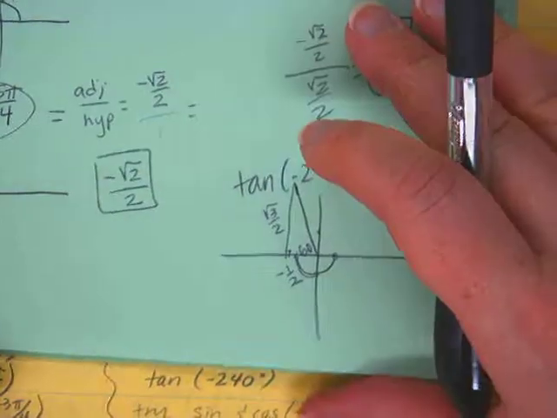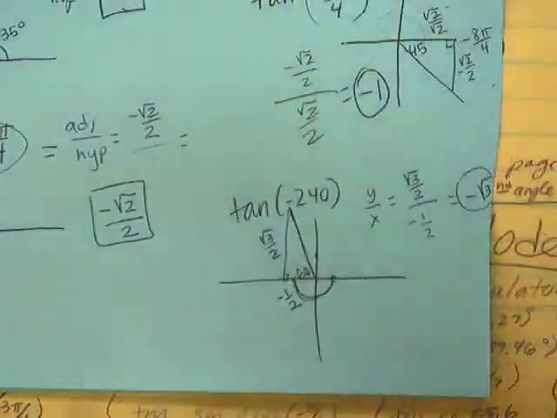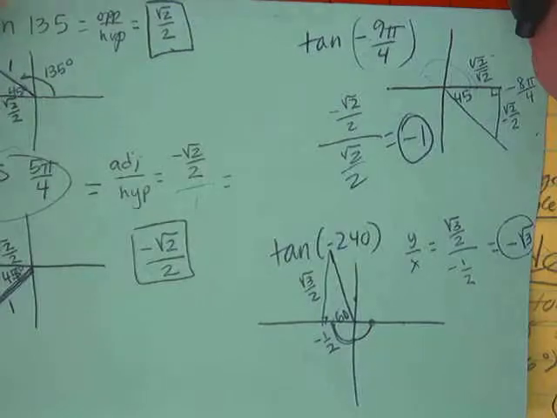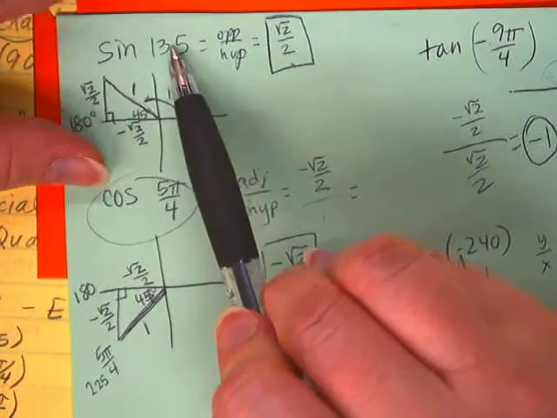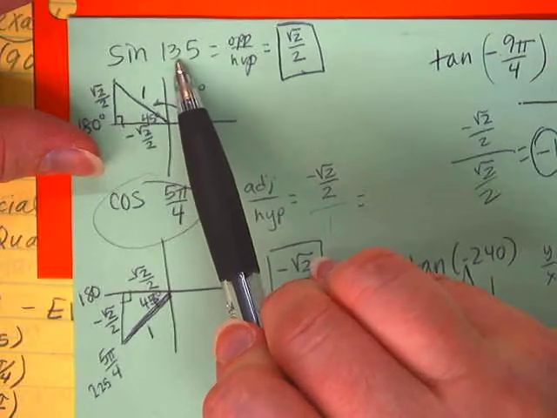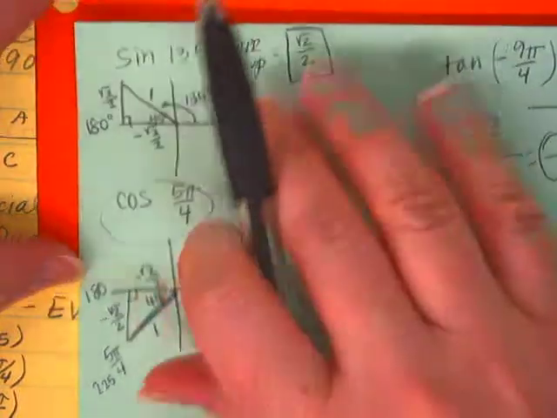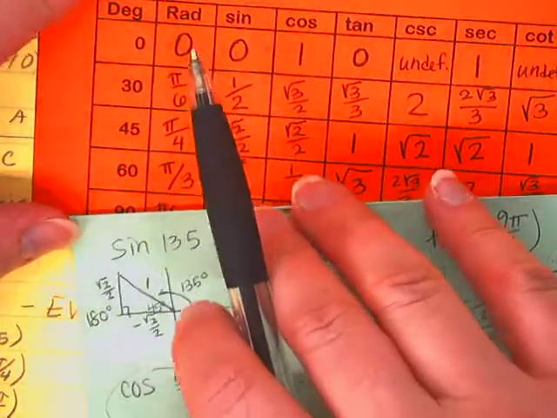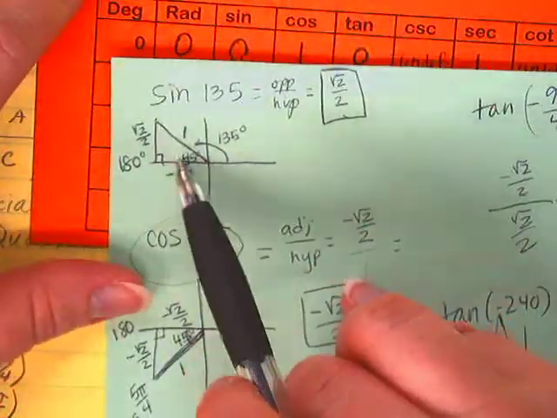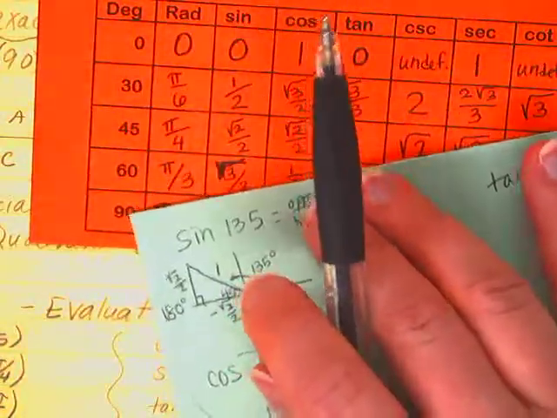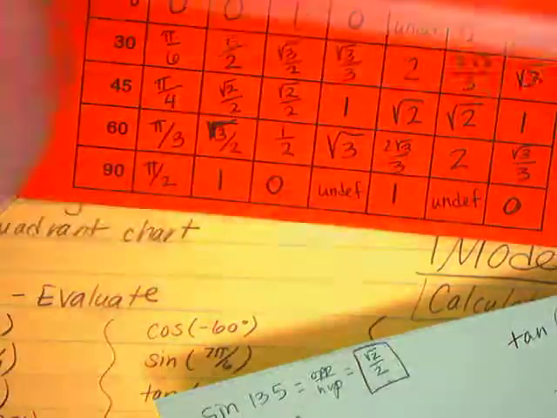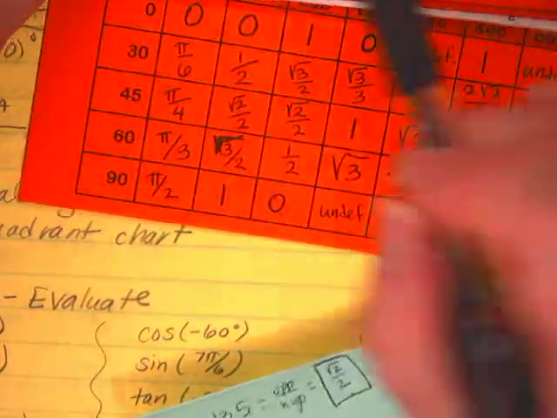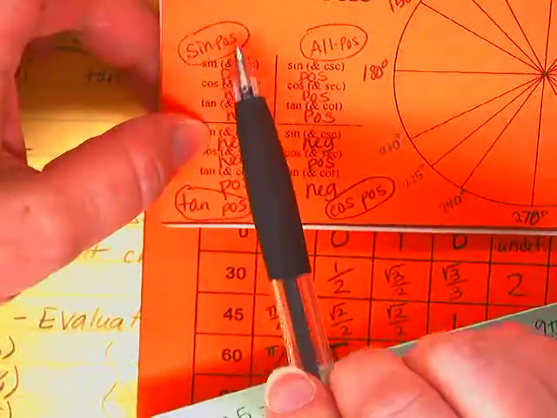Okay, you getting a feel for these? Okay, the thing is though, all of this process that I'm going through right now can be avoided. Let's just quickly see how. If you were to look at 135 and say, oh, 135 is just 45 degrees in the second quadrant.